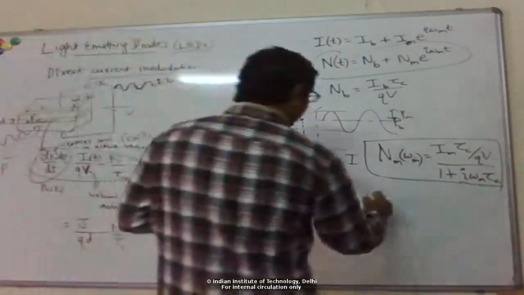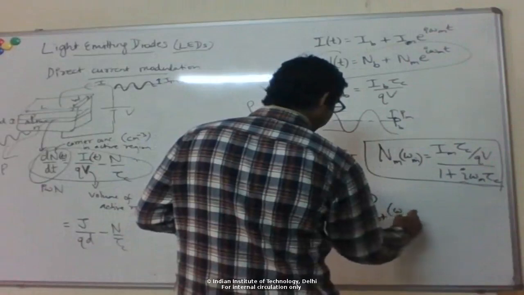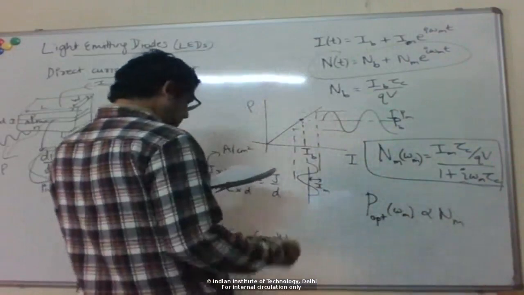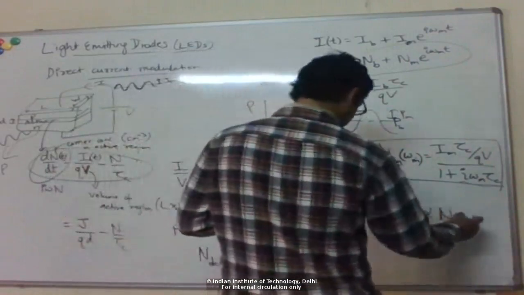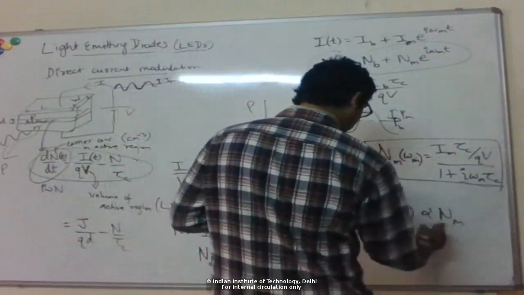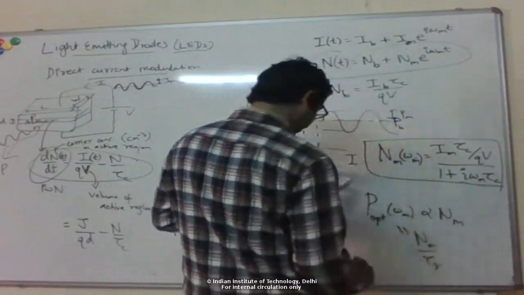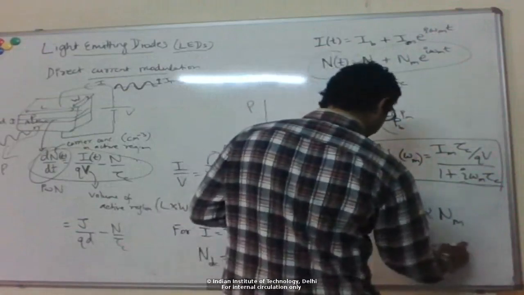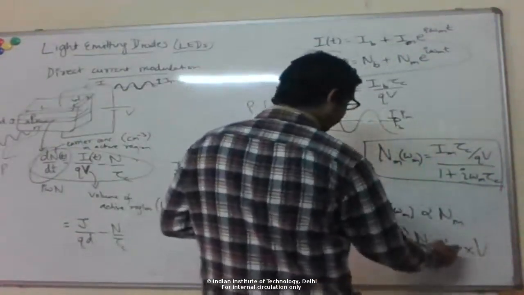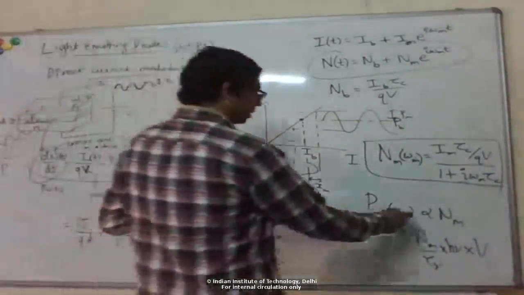So yeah, the optical power emitted at frequency omega m will be proportional to Nm, right? So specifically it will be the radiative recombination rate, N divided by tau R, which is the radiative rate, times the photon energy times the volume, because this was concentration, so that will be the optical power. Anyway, it's proportional to Nm.